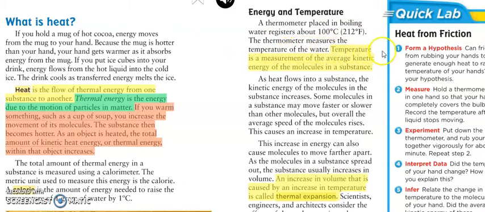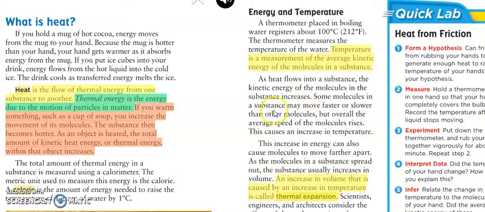Okay, so temperature is a measurement of the average kinetic energy of the molecules in a substance. Thermal energy is the energy due to the motion of the particles, but temperature is the measurement of this energy.